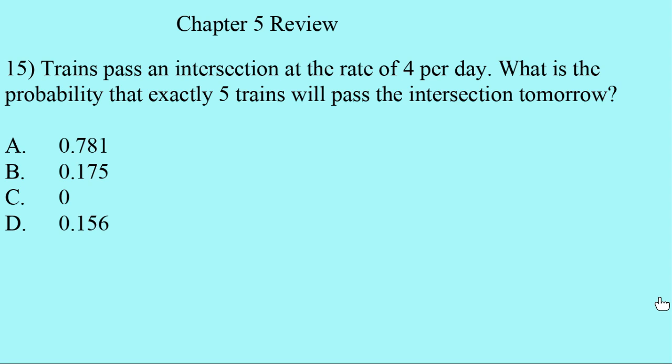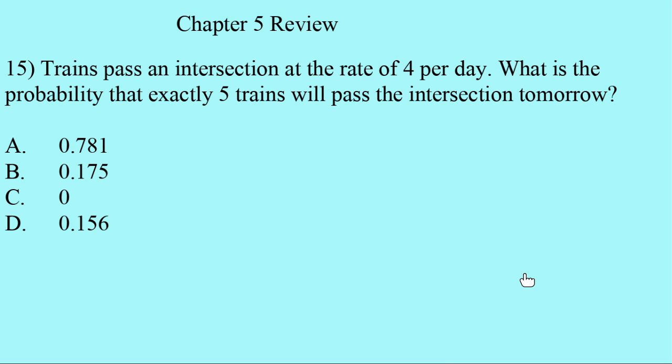I'll give you another minute. Remember what the clues are in determining what distribution you're going to use. So it's, what is the probability that exactly 5 trains will pass the intersection tomorrow?